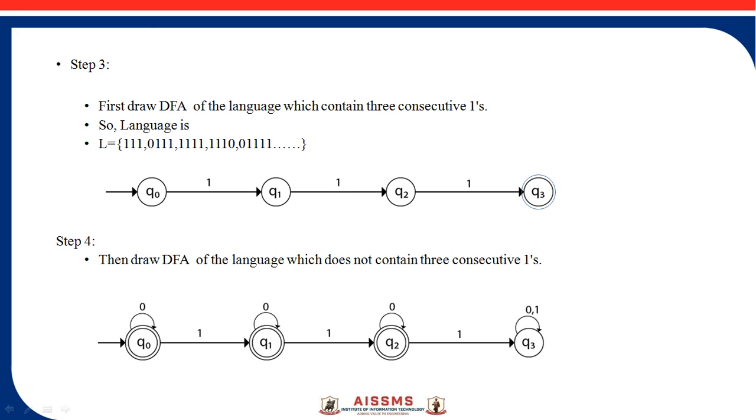The Q2 transition on 1 we already passed towards Q3. In this final DFA, Q0, Q1 and Q2 are final states and Q0 is the initial state. So this DFA accepts all the strings that do not contain three consecutive ones.